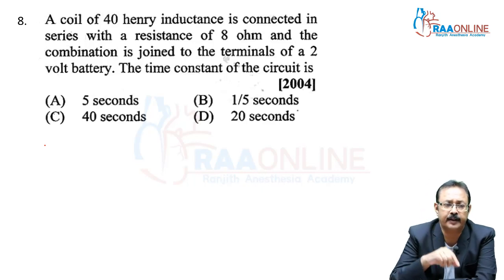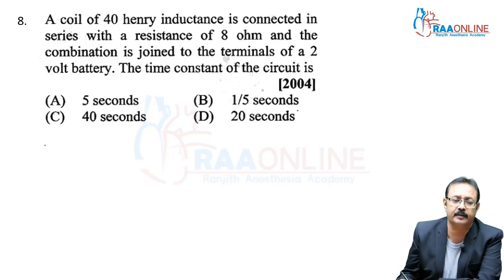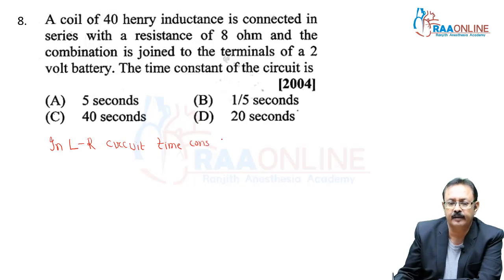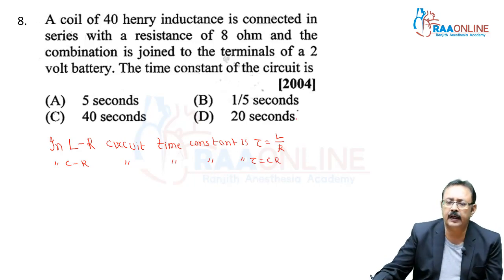The time constant of the circuit is, we know that in LR circuit, time constant is L upon R, and in CR circuit, time constant is C into R.